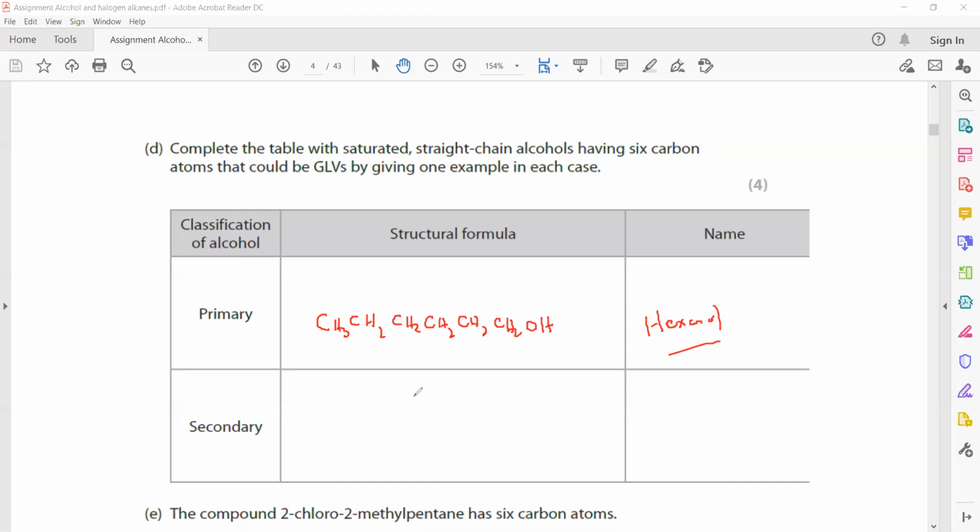The secondary alcohol. So how to draw a secondary alcohol? Just change the position. The OH can be attached to the second carbon or the third carbon.